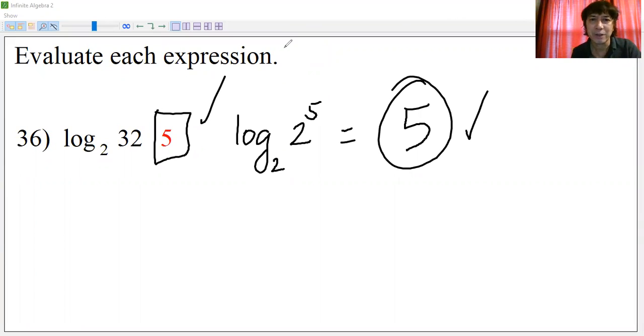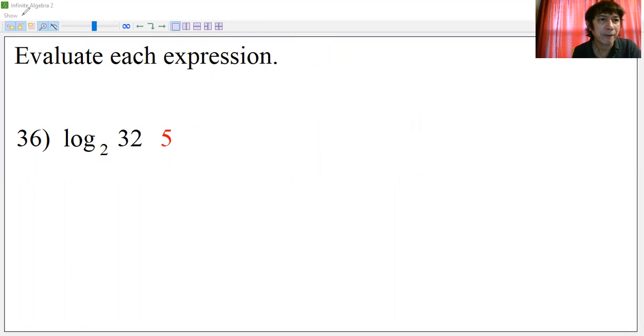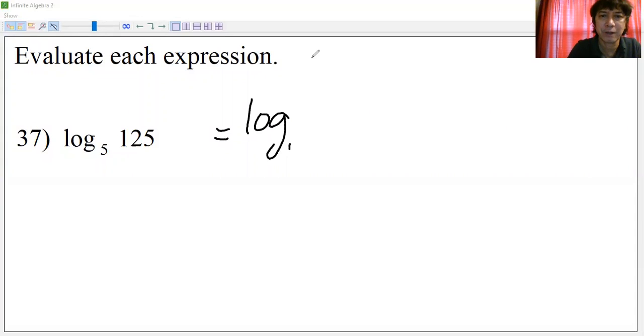Let's clear the board and continue with the next problem. 4 more problems. We had a lot of examples. Let's have 37. This one is rather easy. It's similar to what we had a while ago. This is logarithm to the base 5.